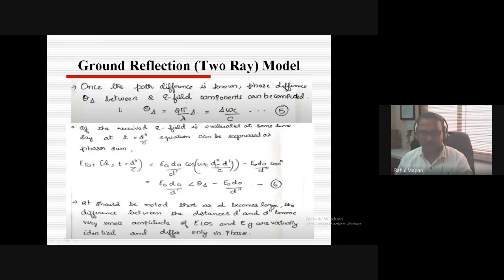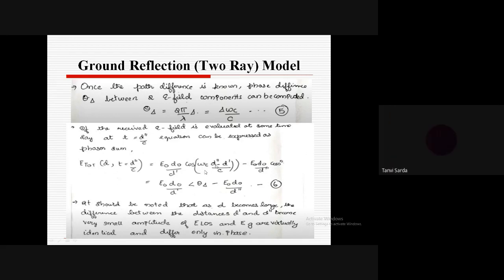So here we replace D double dash minus D dash with delta, and this bracket becomes delta omega C by C. Can anyone tell me what this is? Phase difference.